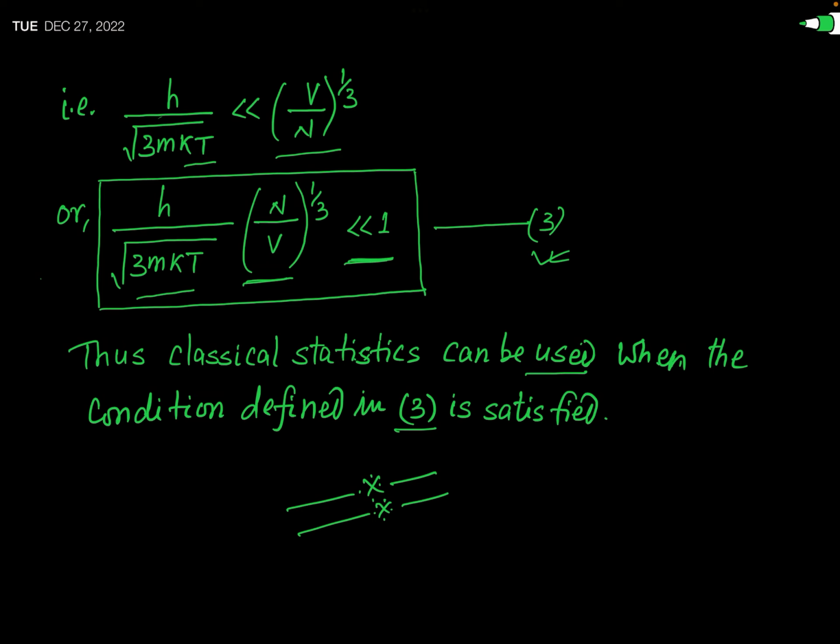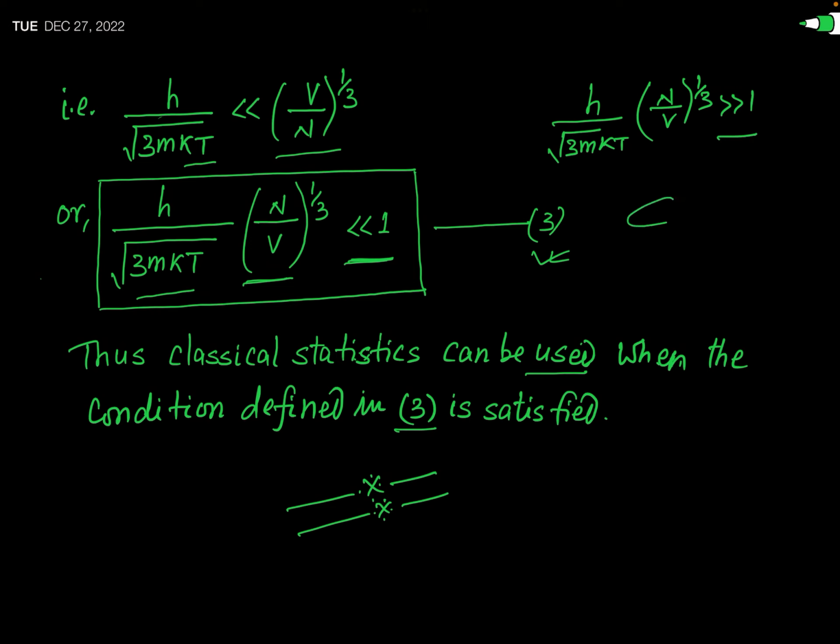But let us think, if this criterion is not fulfilled, if the condition is just reversed, that is, if h over root 3mkT times (N by V) to the power 1 by 3 is much greater than 1, then what will happen?